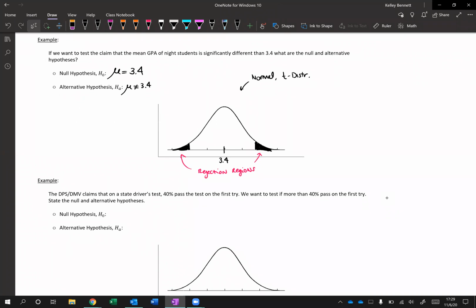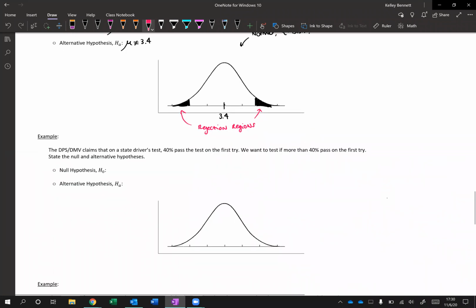In the case of the DMV claiming that the pass rate on the test was 40%, and we wanted to test whether or not it was more than that, our null hypothesis was that they were claiming p was equal to 0.4, and we wanted to get evidence for p being greater than 0.4.